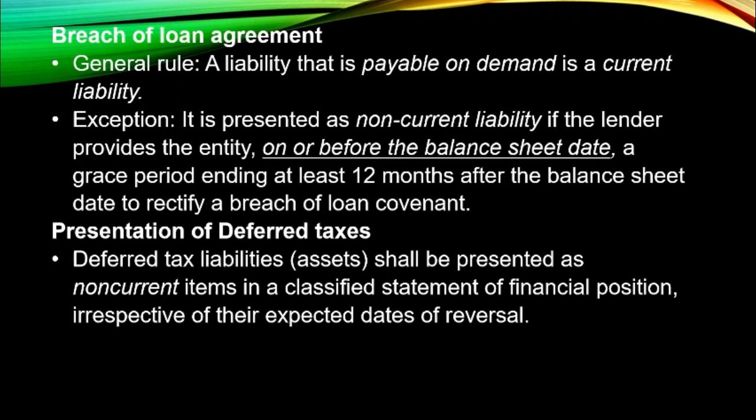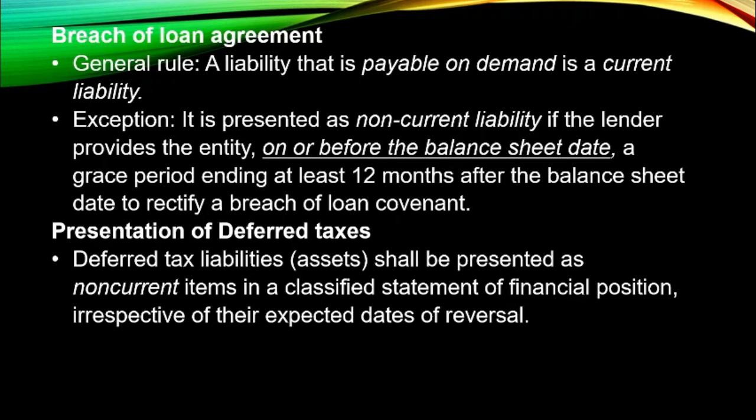Breach of loan agreement. As a general rule, a liability that is payable on demand is a current liability. Payable on demand means to say anytime you could pay. An exception is that it is presented as non-current liability if the lender provides the entity, on or before the balance sheet date, a grace period ending at least 12 months after the balance sheet date to rectify a breach of loan covenant.